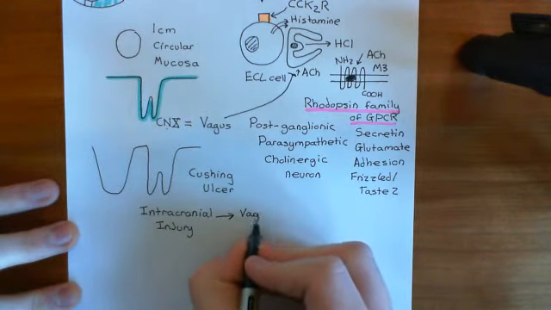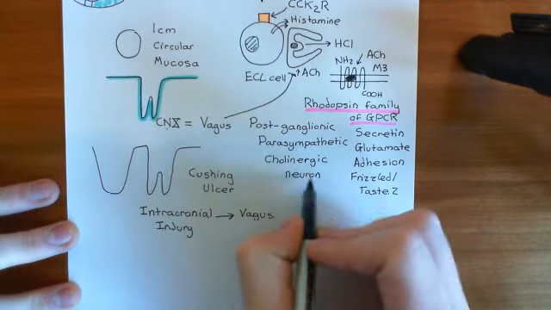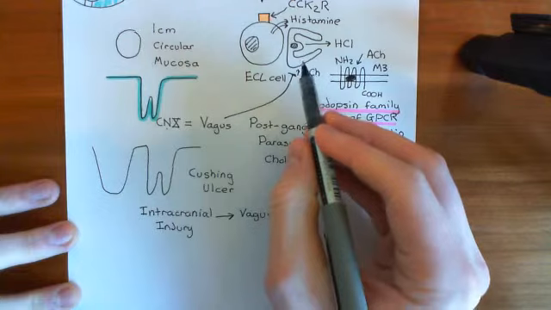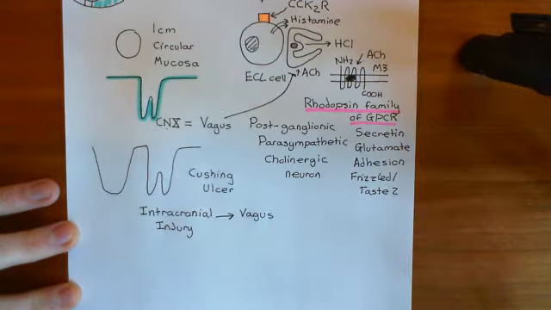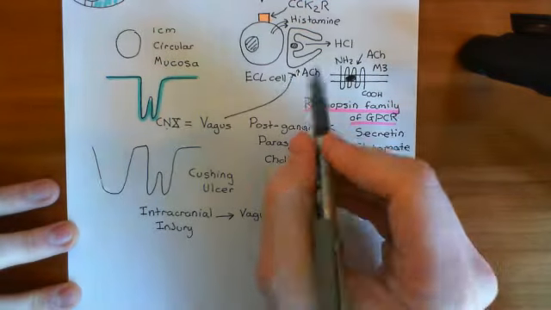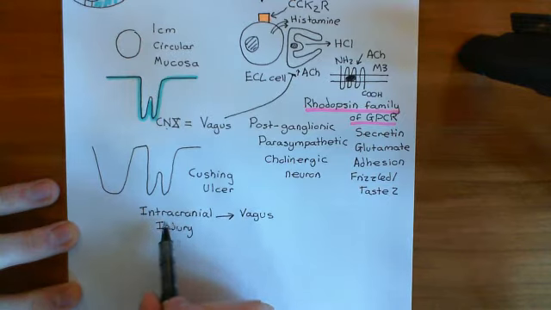Okay, so what happens is the postganglionic parasympathetic cholinergic neurons that are innervating the parietal cells of the stomach that come from the vagus nerve then all start releasing neurotransmitter inappropriately. So the neurons of the vagus nerve are inappropriately activated by the intracranial injury.